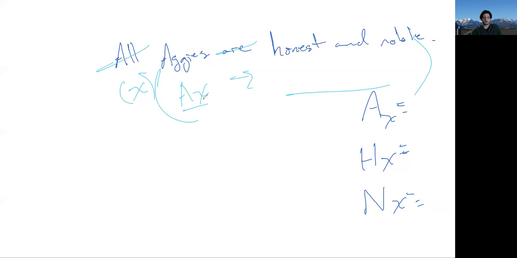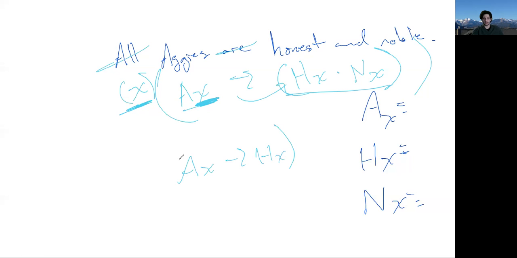How do I say that those X's are honest and noble? We're talking about the same people throughout. So we introduced those people, and we said, if a person on the list is an Aggie, then he must be honest and noble. We wrap that in parentheses, because there's an important difference between this sentence and that sentence.